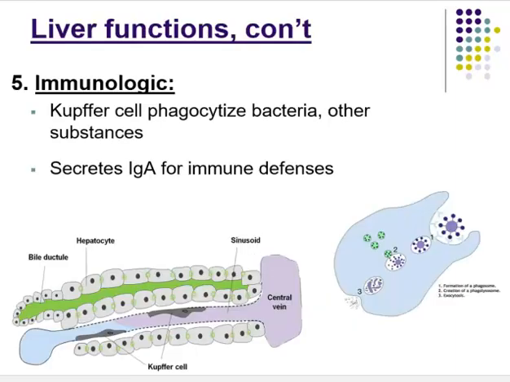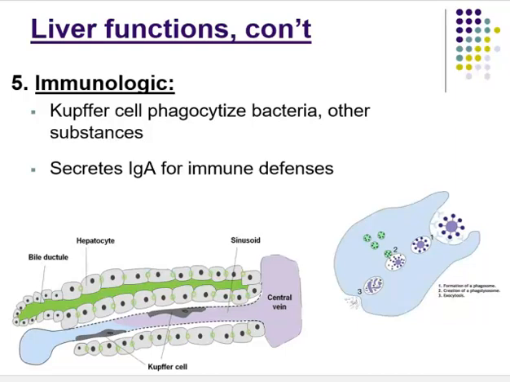The last function that we're going to talk about is the immunologic functions of the liver, and the Kupffer cells are involved in this function. And the Kupffer cells phagocytize bacteria and other substances. Remember, those Kupffer cells are macrophages, and those macrophages come from monocytes. Thinking back about our white cells.